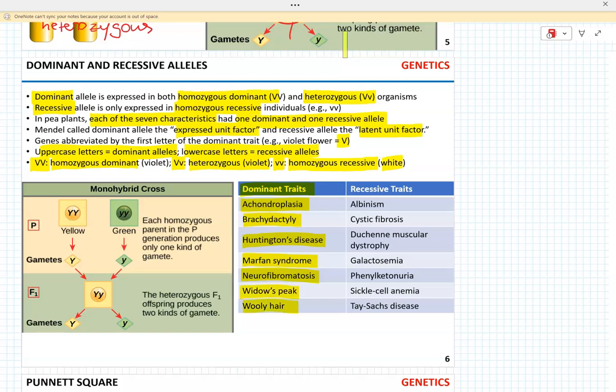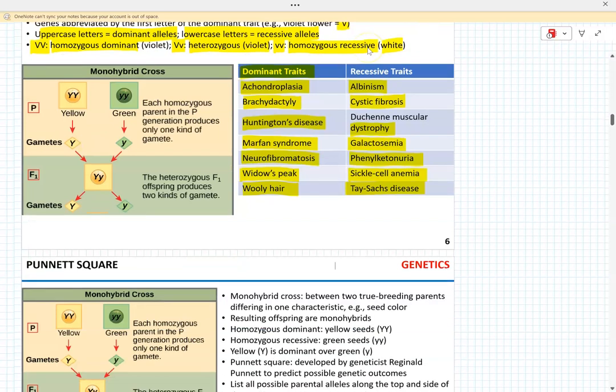Recessive traits include albinism, cystic fibrosis, dystrophy, inability to process galactose, inability to process phenylalanine, sickle cell anemia, Tay-Sachs disease, and so on and so forth.